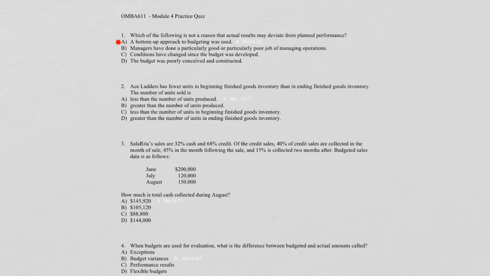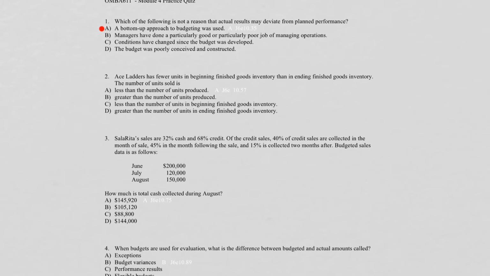Number 2 has fewer units in beginning finished goods inventory than in ending. The number of units sold is, and we're going to have to see what this all means in terms of the equation. That's the best way to answer this. And the equation works like the following. You start with the beginning amount in inventory.